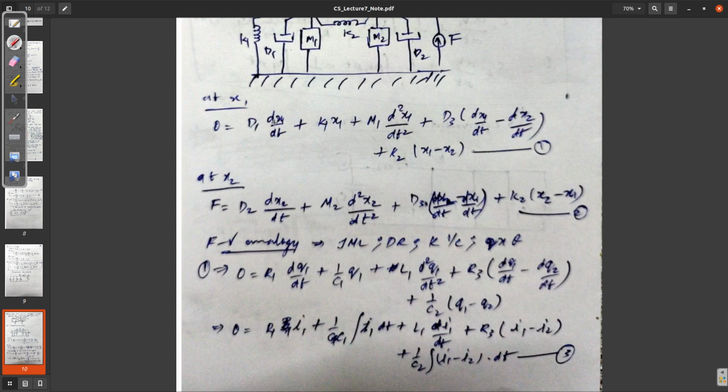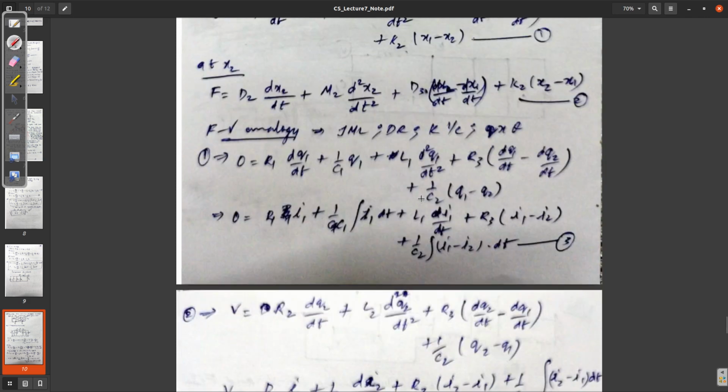Now we will write the equations at x1 and x2, pretty much how we did earlier, the summation of the forces. Once we have these differential equations, we write the force voltage analogy, and we substitute for F, D, X, M, things like that. Then we have a network equation.